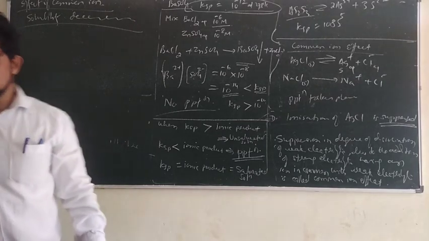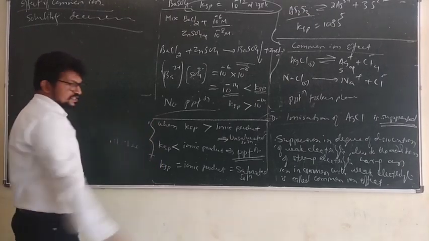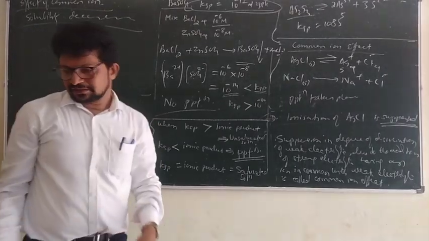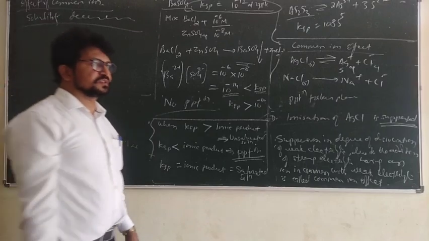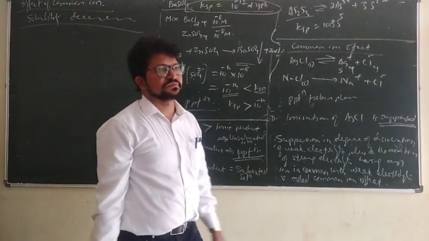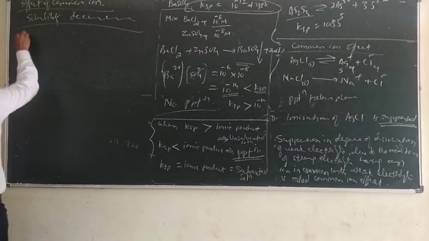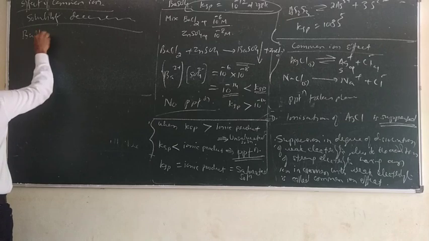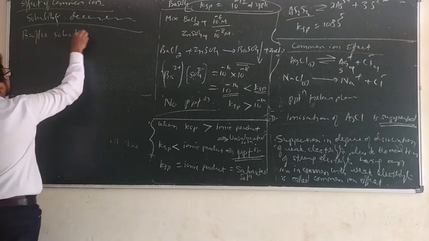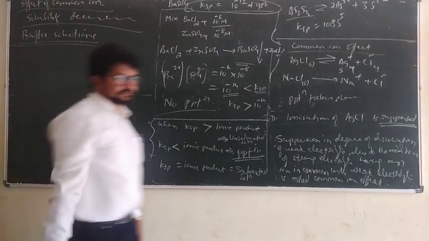Okay. So this is all about what? Solubility products of sparingly soluble salts. Some simple problems can be worked out based on solubility products also. The last part, that is buffer solutions.